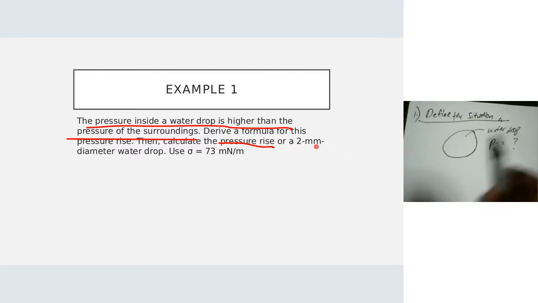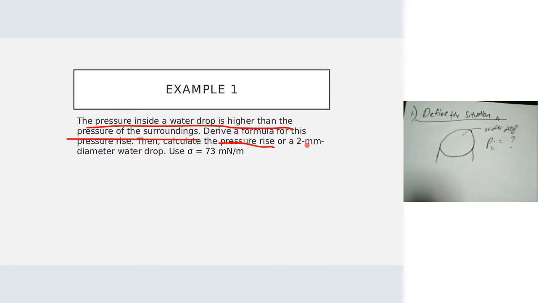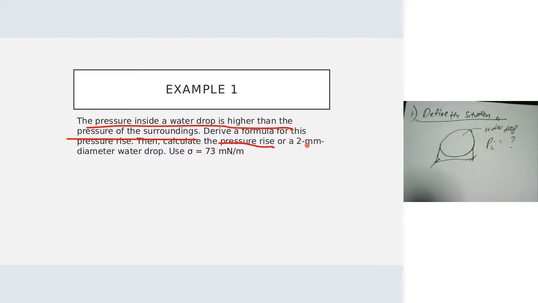So that's the required. And we are given the diameter of this water drop. This is off, by the way. It's not or. So calculate the pressure rise of a 2 millimeter diameter water drop.